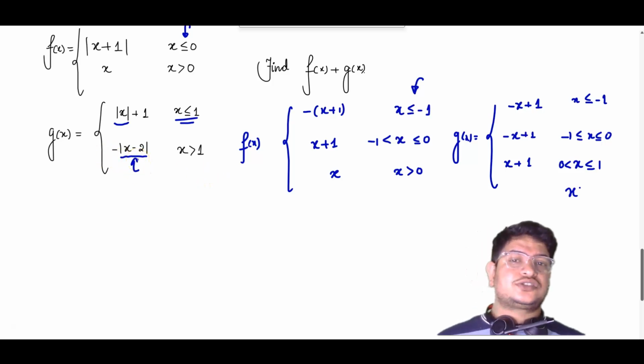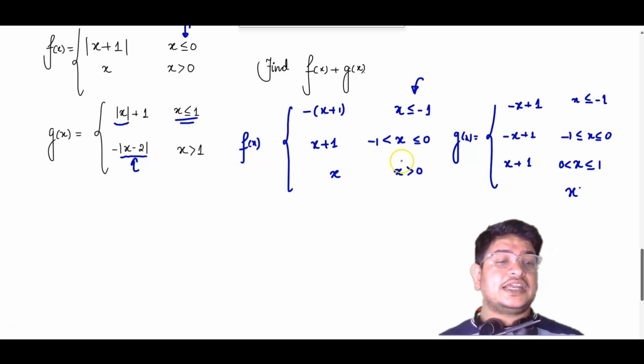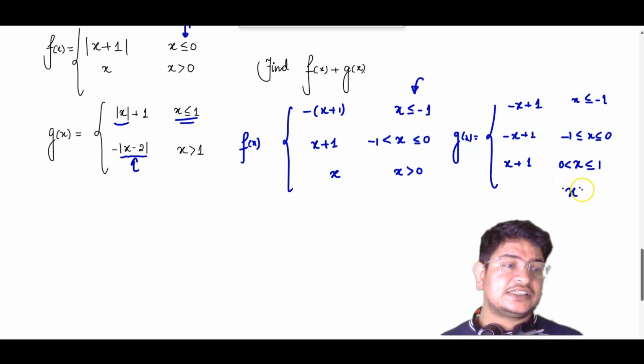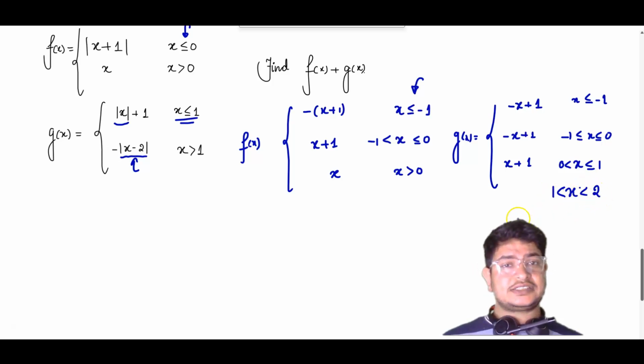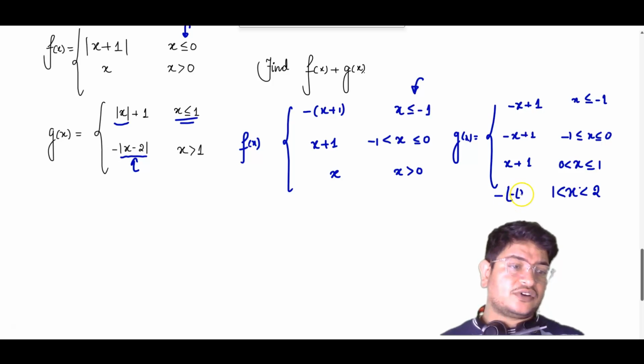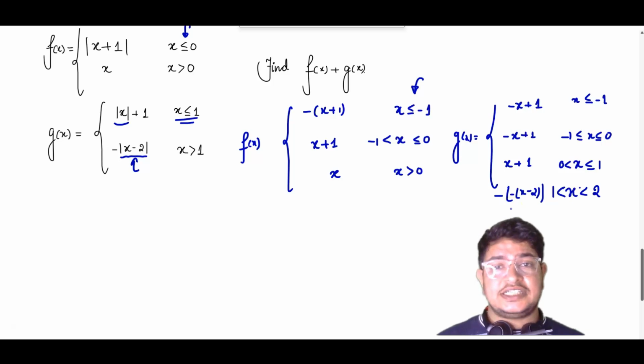So x minus 2 is changing its nature at x equals 2. So what we will do? We will write it in parts. First, x is greater than 1 but less than 2. In this region, we get the value as negative of x minus 2, because x minus 2 changes its condition.